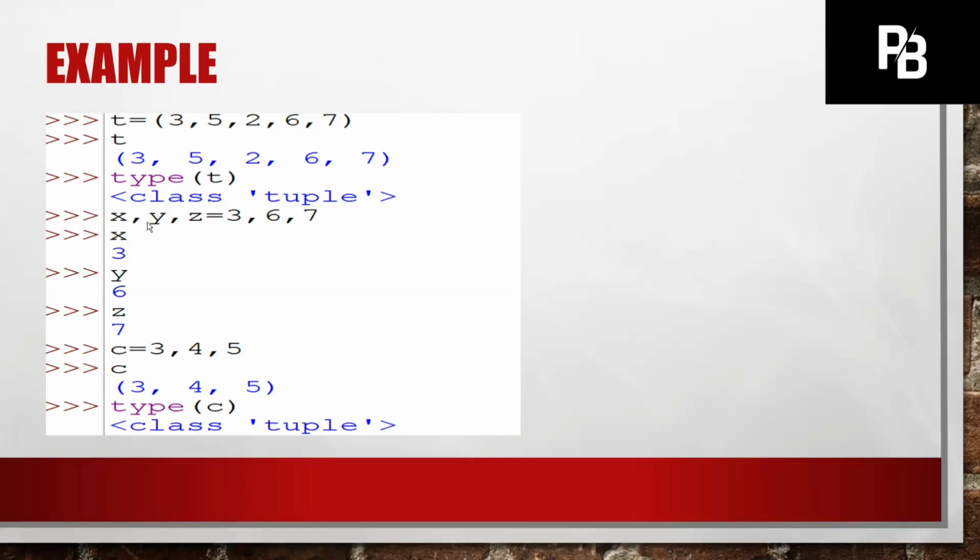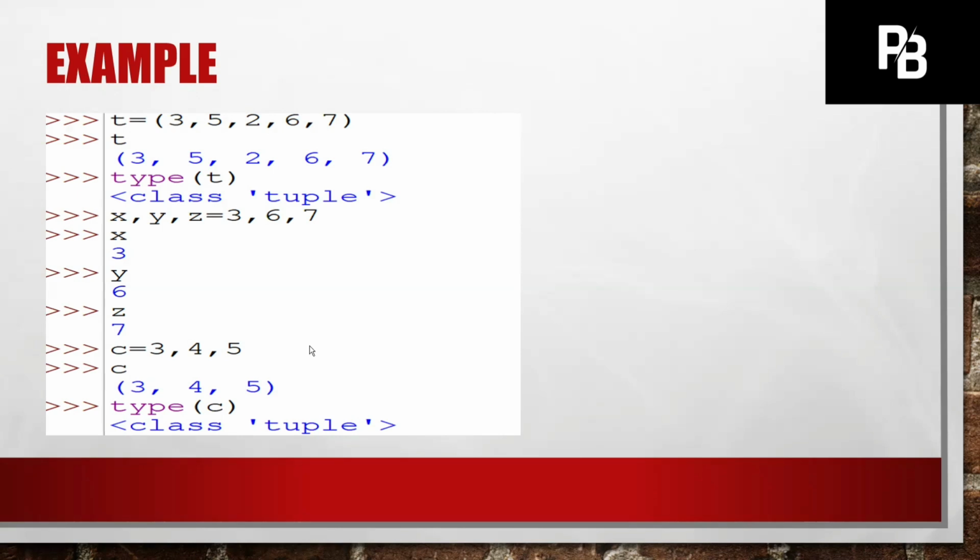What is this? x, y, z equals 3, 6, 7. So 3 is in x, 6 is in y, 7 is in z. When I print x, y and z, they are simple integer values because it is the multiple assignment concept. But if you write c equals 3, 4, 5, students, then it creates a tuple automatically.